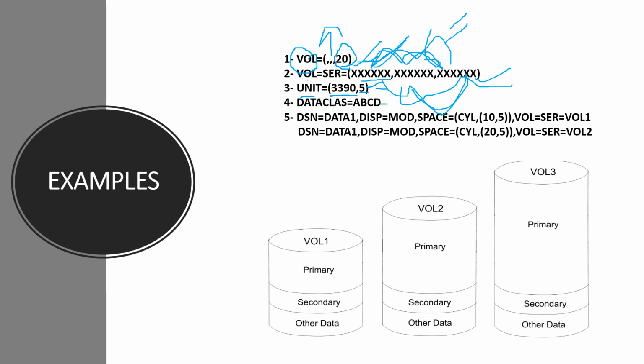Next comes, as I told you, the data class. The data class may have a volume parameter defined, sometimes 5, sometimes 1, depending on the value given in the volume parameter of the data class. Sometimes an application says we need a data class with certain attributes, and one attribute should be volumes: my data set should extend up to 5 volumes, or up to 10 volumes.